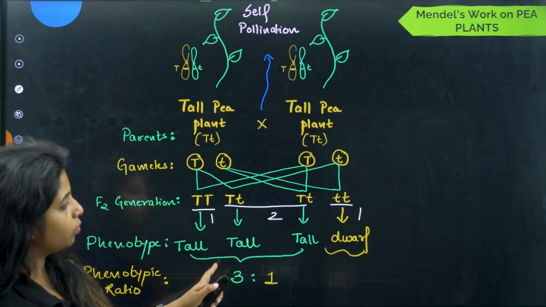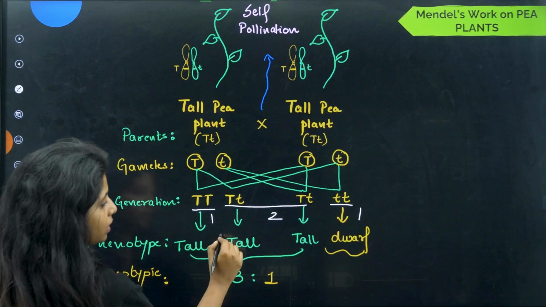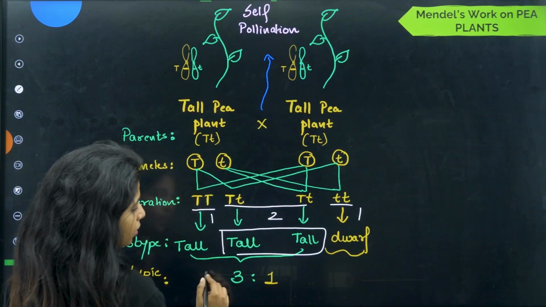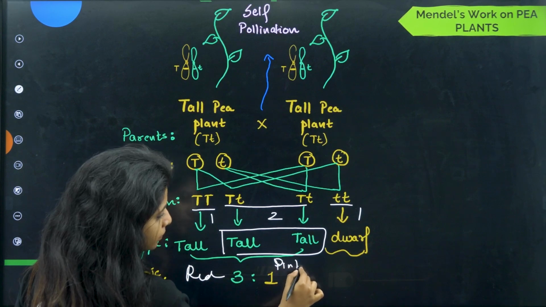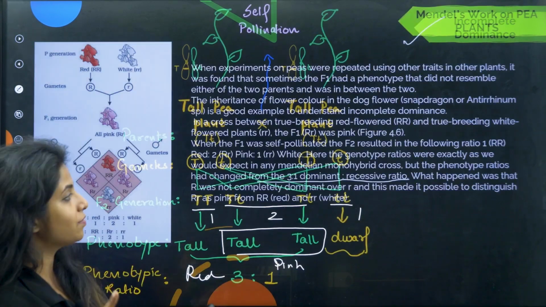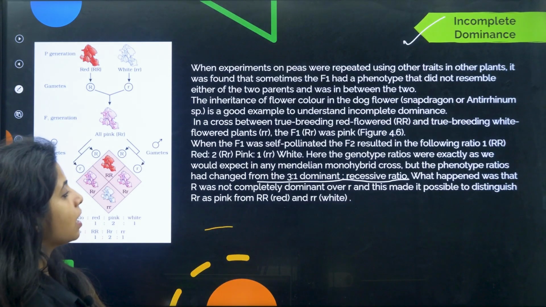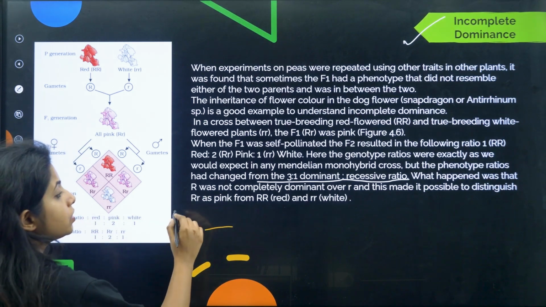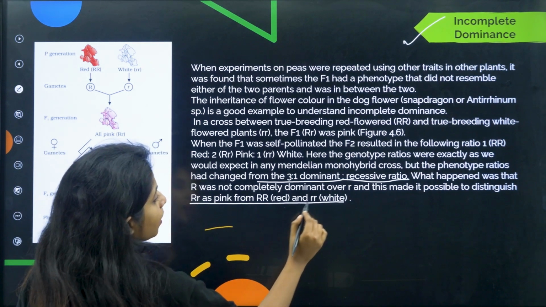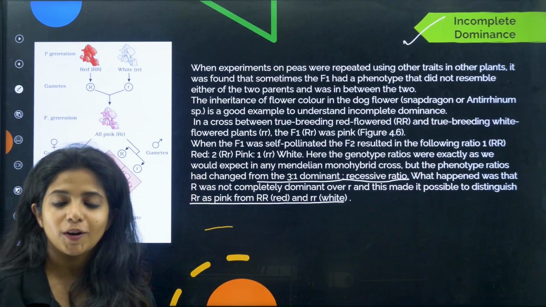Over here you saw it was 3:1, but now these are not tall. Instead of being red, we have pink children. So it is 1:2:1 in the case of snapdragon. What happened was R was not completely dominant over small r. This made it possible to distinguish Rr as pink from capital R as red and small r as white.